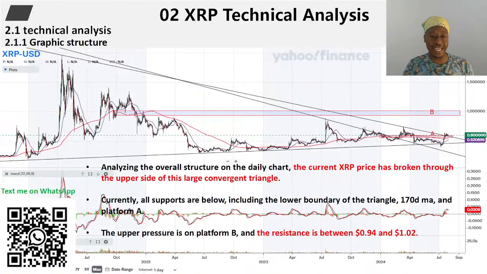If it's a bullish scenario, what are we expecting in this regard? A breakout above the descending trend line, especially with strong volume, could signify a trend reversal and a potential rally towards the $1 level.